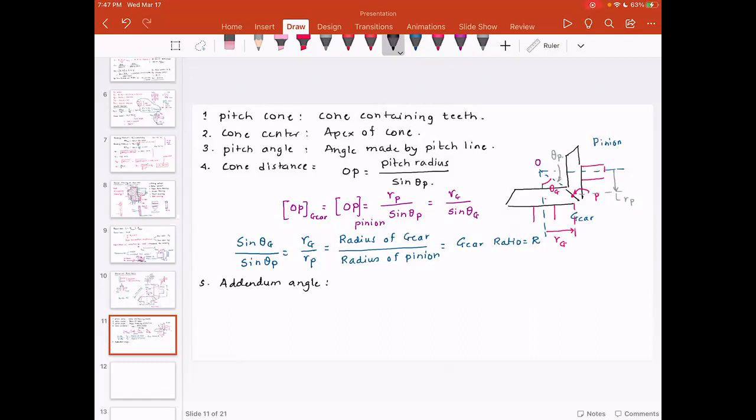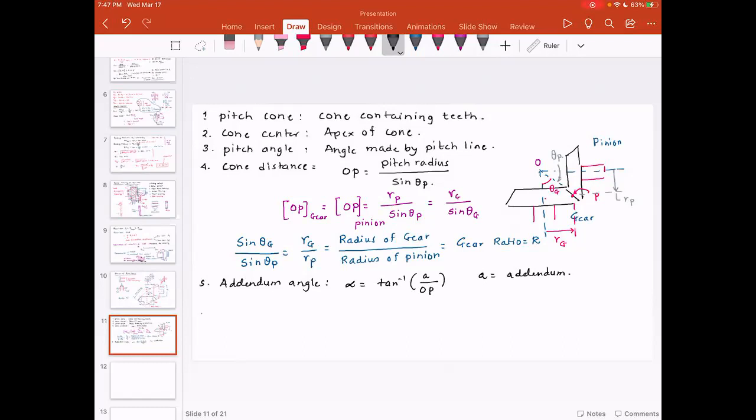Just like the spur gear, where we have addendum, dedendum, and total tooth depth is addendum plus dedendum, the addendum angle is given as alpha, which is tan inverse of A divided by OP, where A is the addendum and OP is the cone distance.